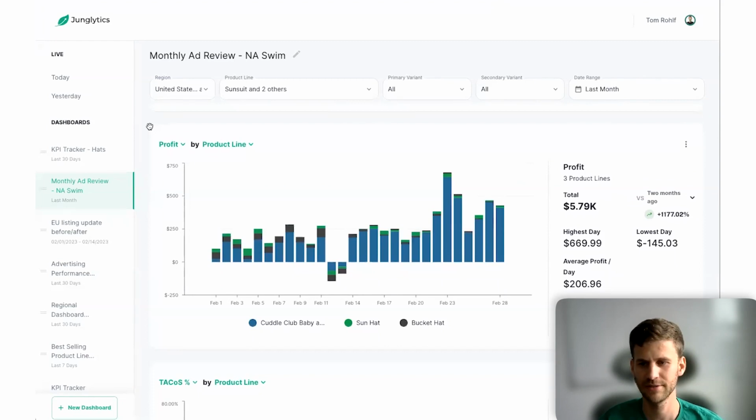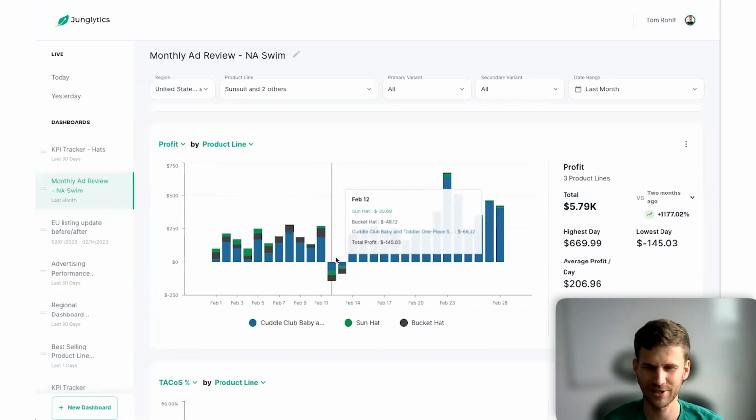Ultimately, why are we all here? We're trying to make profitable products on Amazon. So in our ad agency review, one of the first cards we look at is profit by product line, just making sure that everything is going as we want it to be going. As you'll see here, we had a little bit of a hiccup.